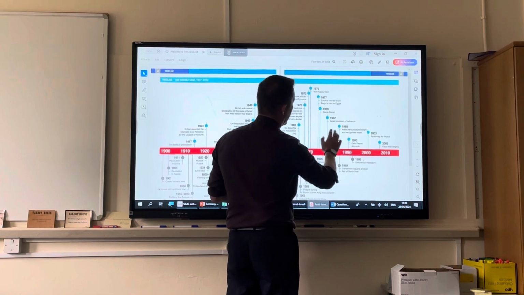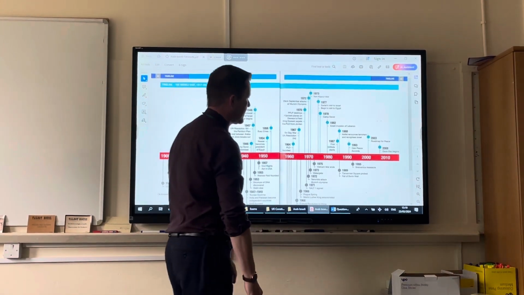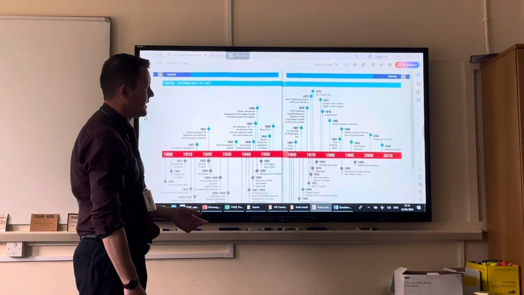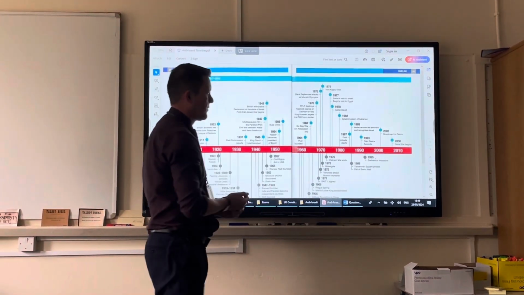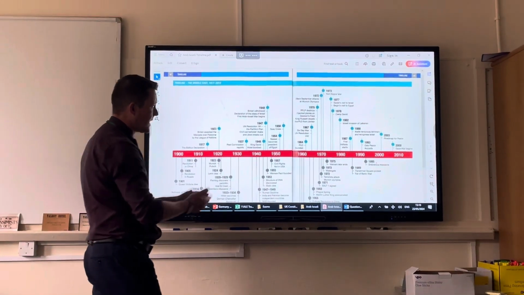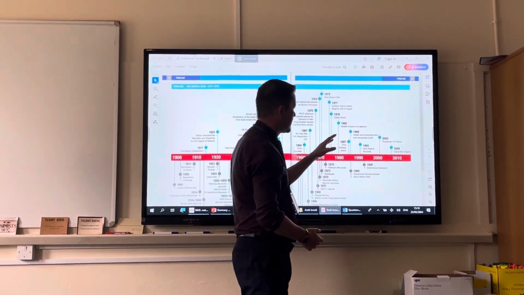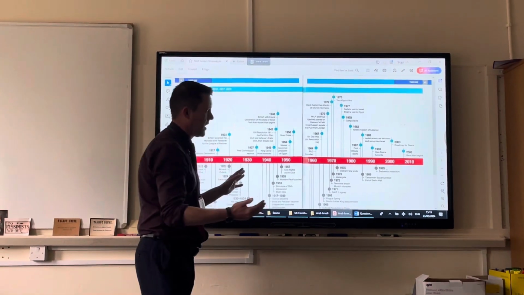So that might be the Camp David Accords of 1978, the Oslo Peace Accords of 1993, and the Roadmap to Peace in 2003. And again, the way to think about these things is change over time.